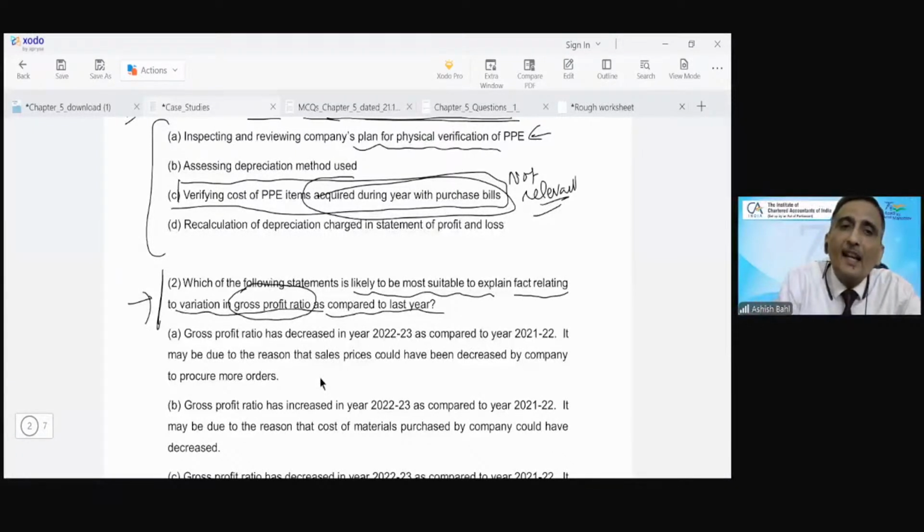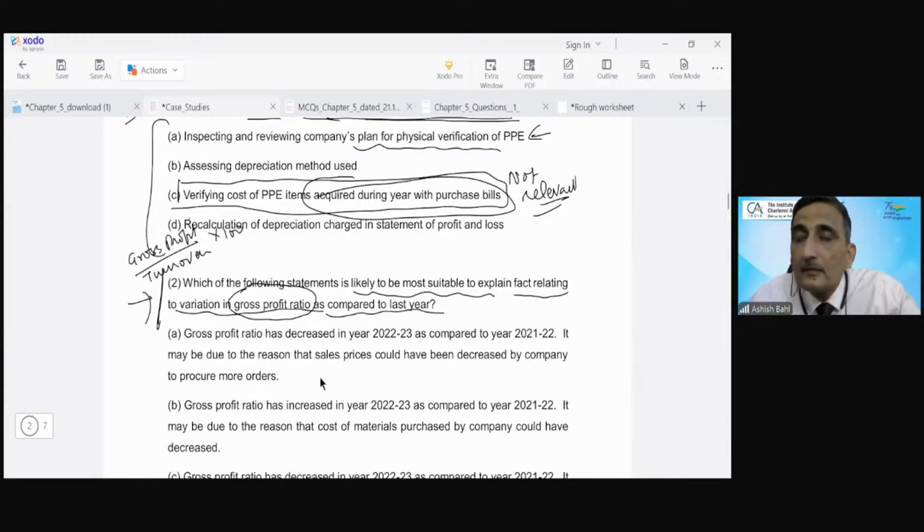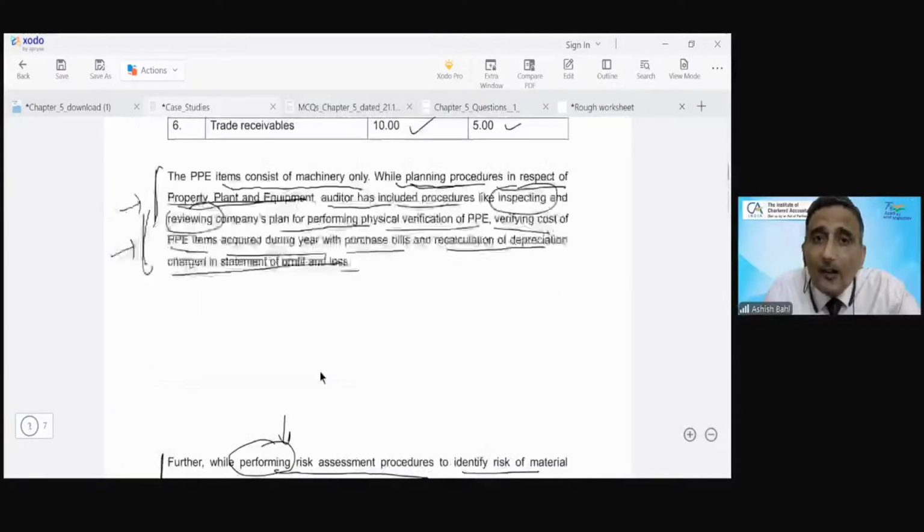The formula is gross profit divided by turnover into 100. So we have gross profit for 2 years, but the question is about gross profit ratio, not about gross profit.